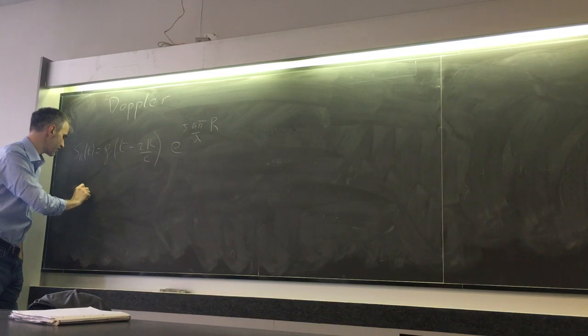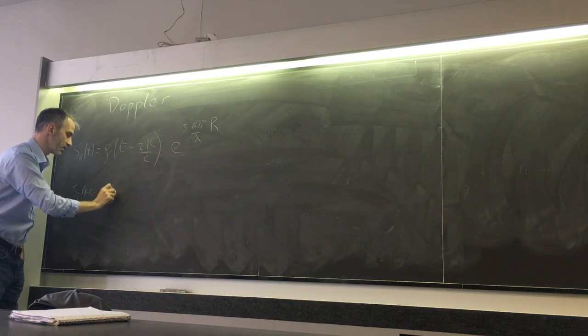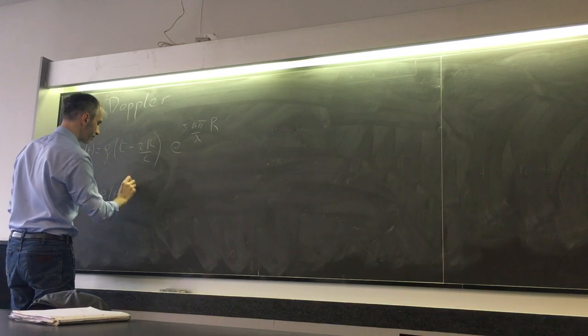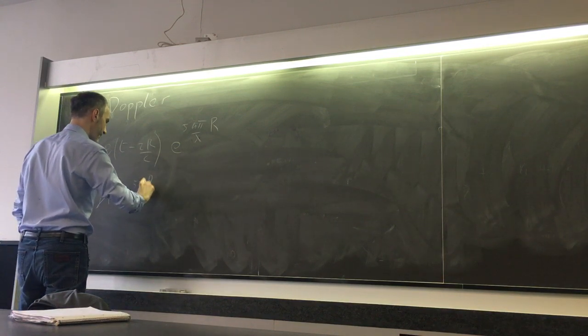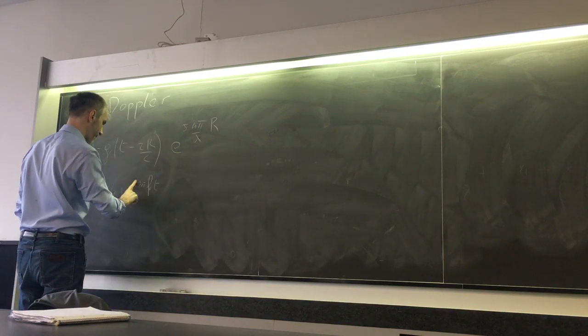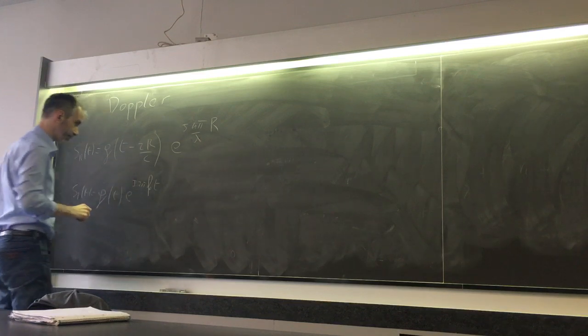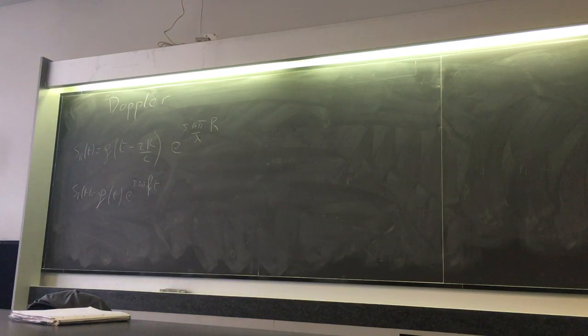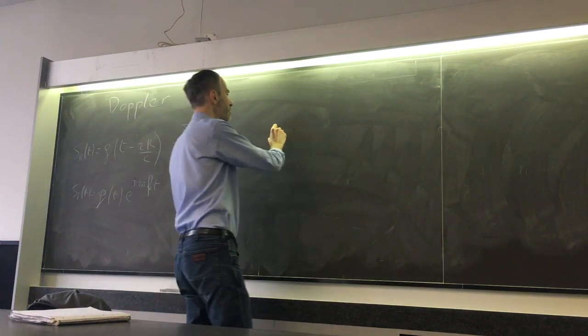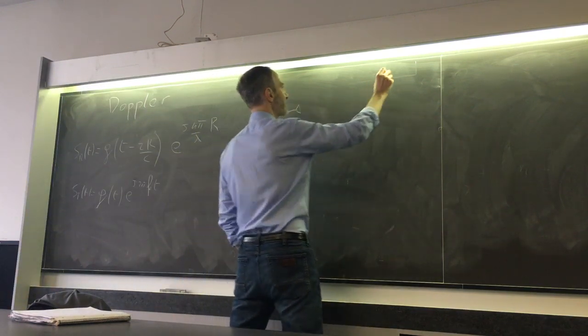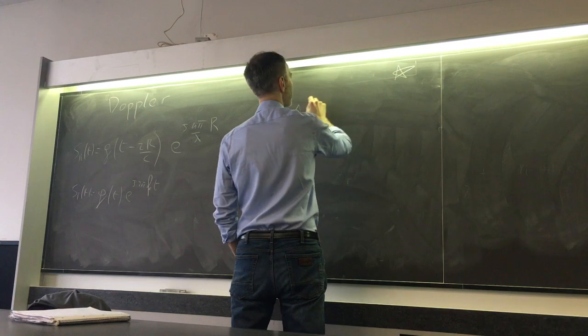Let's say the transmission is G of t times the carrier, where r is the distance from the radar antenna to the target.